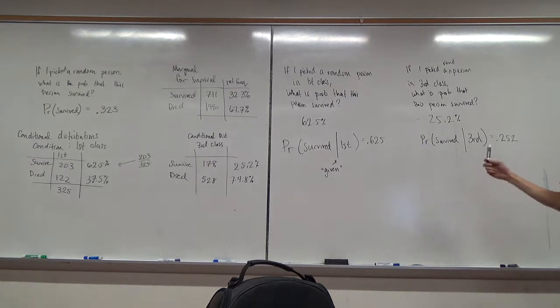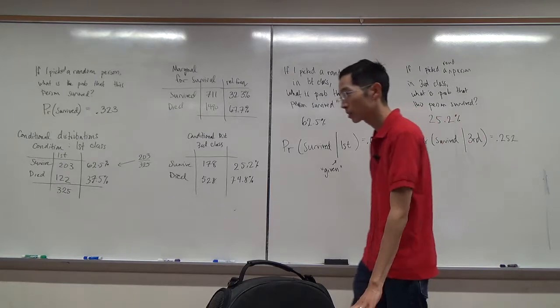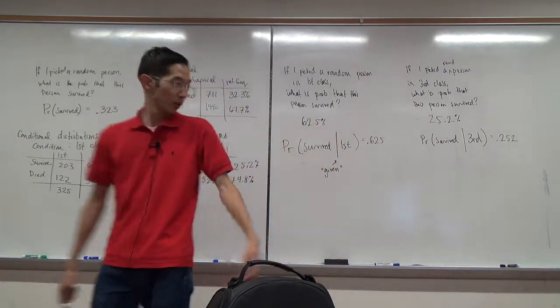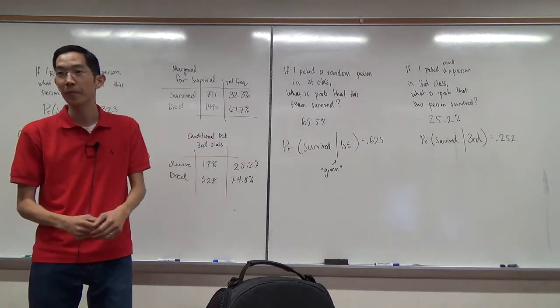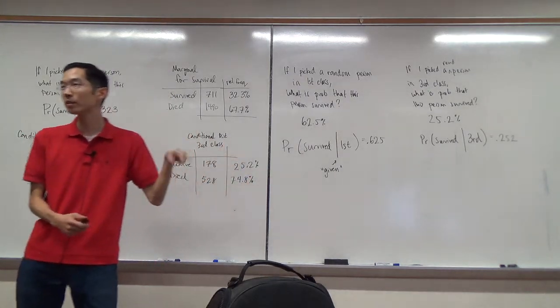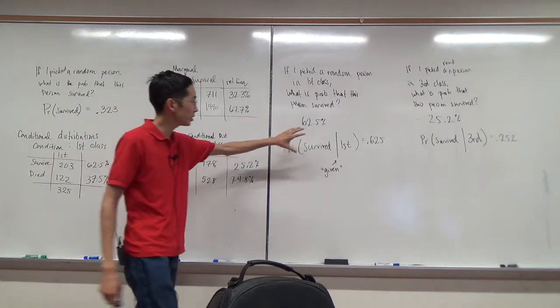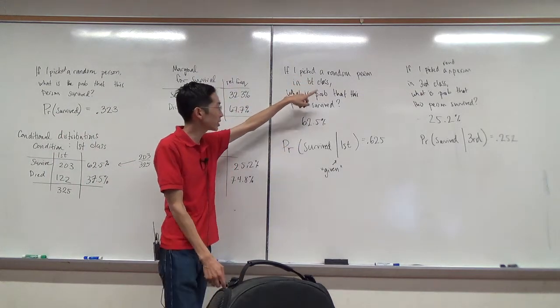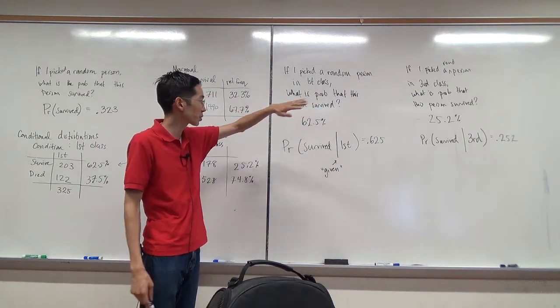If survival had nothing to do with the class or type of passenger someone was, how should these numbers appear? They should be the same. If I picked a random person in first class, what's the probability that this person survived?